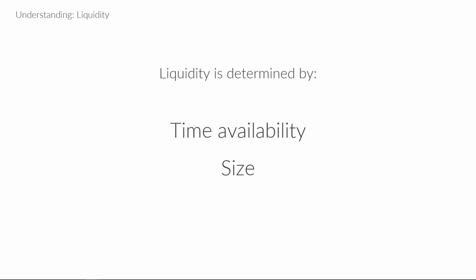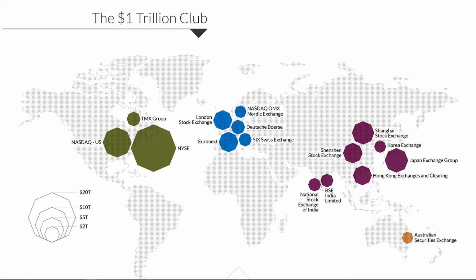But what we want to do now is take a little bit of a comparison of the equities markets versus the currency markets in terms of size. Again, liquidity is determined by time availability and by size. What we see here is something loosely termed the $1 trillion club. It relates to the size of global equity markets around the world that are at least that $1 trillion mark.